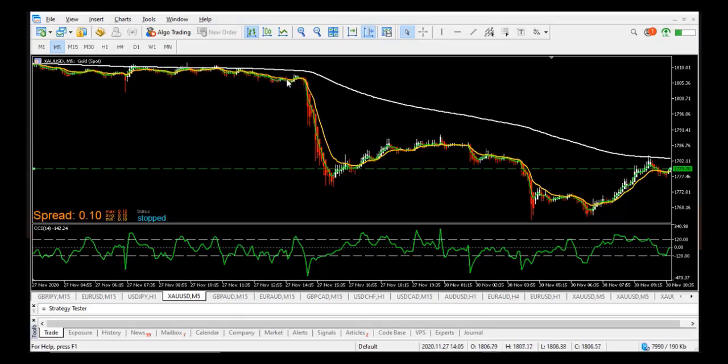As you can see at this point, both the 4 EMA, which is the green line, and the 12 EMA are below the 200 moving average, which represents the direction. This is the first condition to check for a short trade.